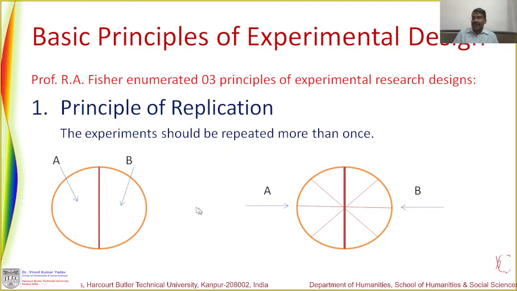And as compared to this, suppose African people are said to be very cooperative. One experiment cannot give you a better result. Rather, you replicate it 1, 2, 3, 4, and the person talks to 4 different people of the South African continent, and then concludes whether South African people are cool or not.